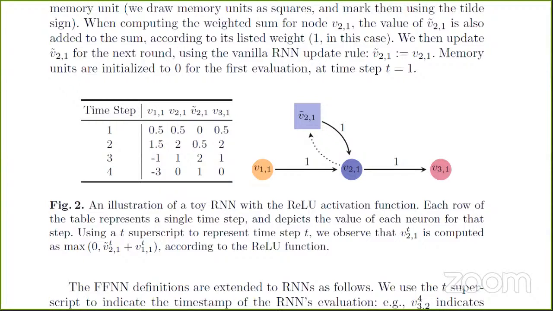So this network at 21 is summing the current value, which is coming from 11, and the old value which has been stored at 21. So at 21 it does nothing but sum these two values, the old value plus the current input.